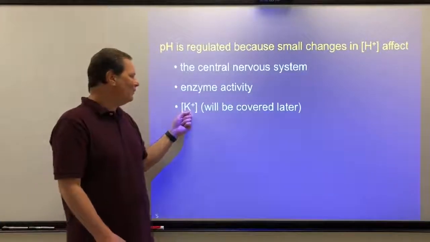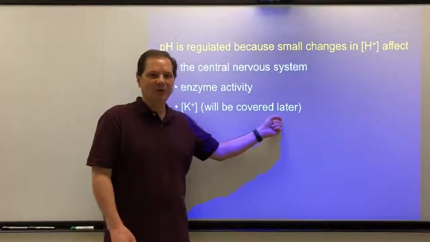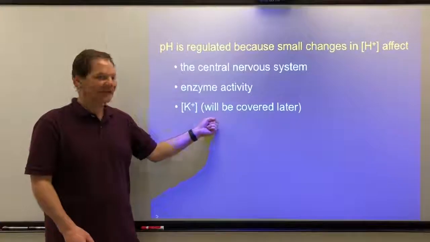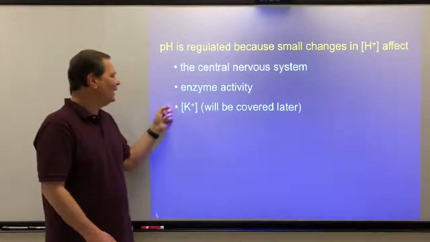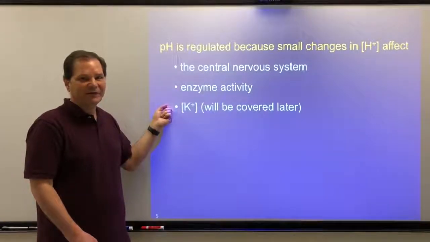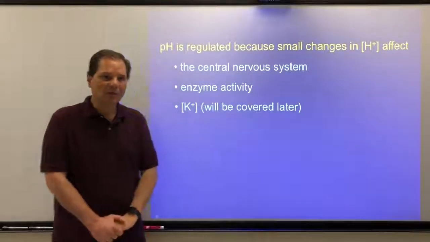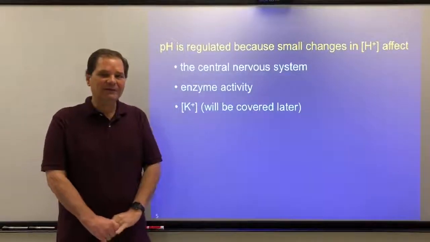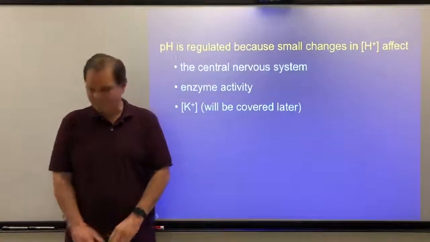So if you have alkalosis, you can have a hyperkalemia that will go with that. And if you have acidosis, you can have a hypokalemia that will go with that. And as you know, that causes some serious effects in excitable tissues, including the nervous tissue. So that can be a fairly dangerous side effect of letting the pH get outside of the optimal range.